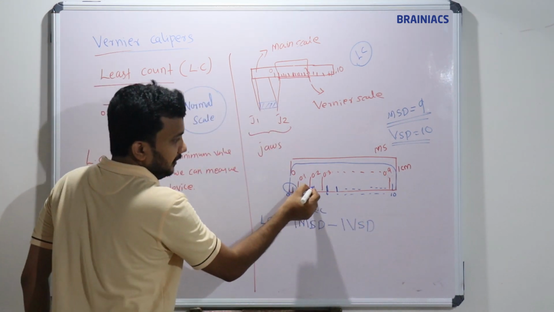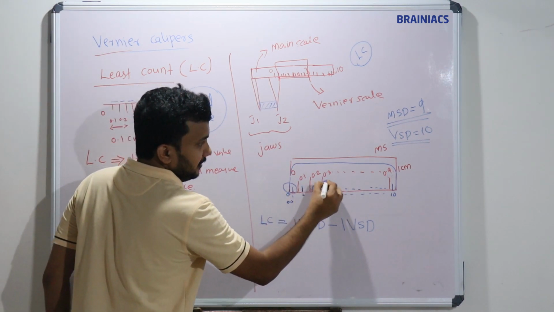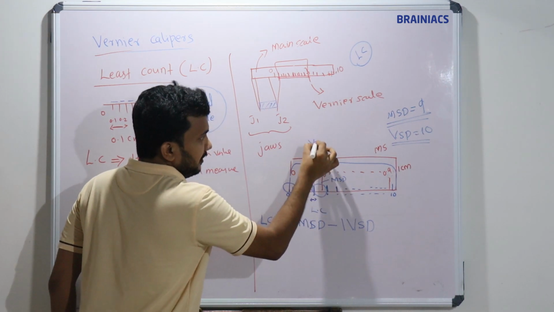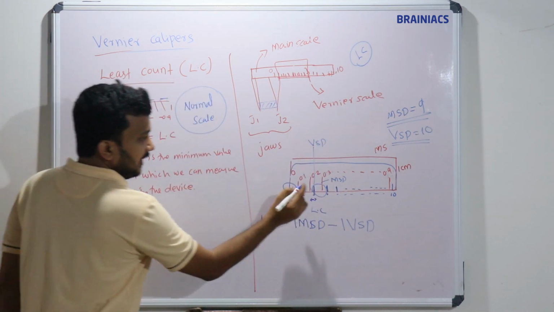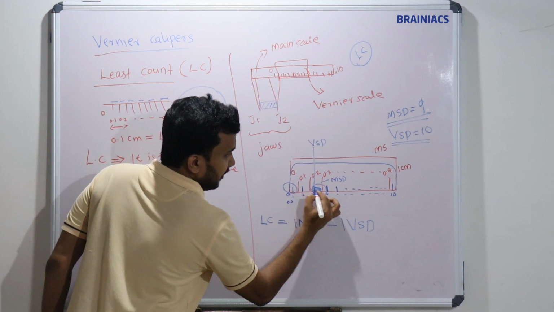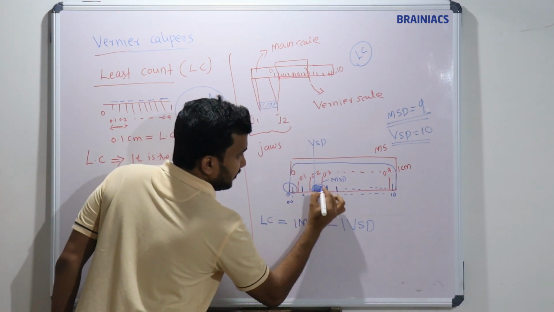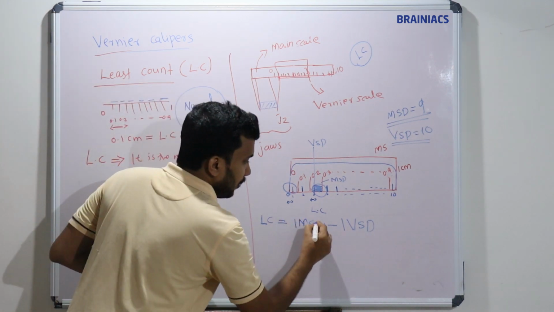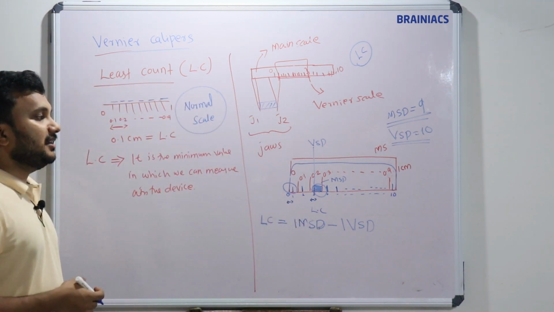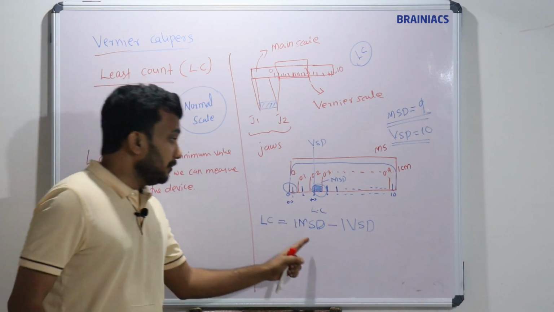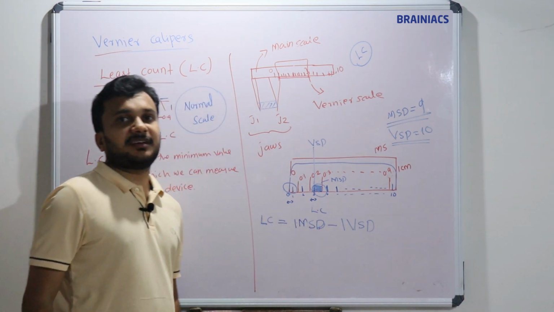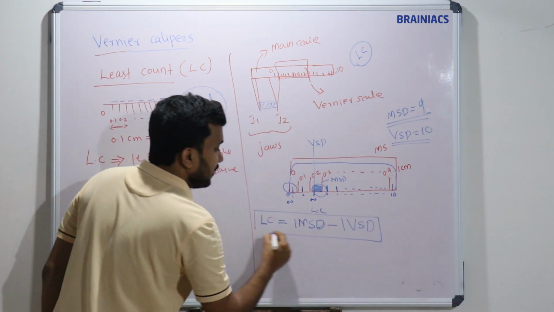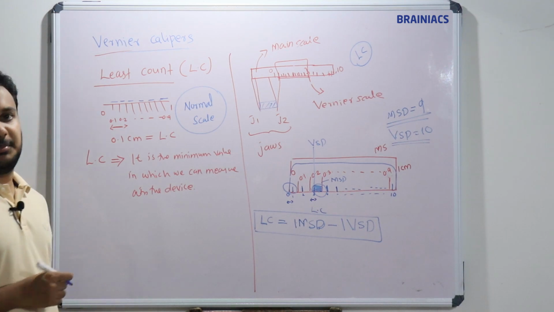Here this is the main scale division and this blue color is the vernier scale division, and this gap, whatever I am shading, is called the least count. So least count equals 1 main scale division minus 1 vernier scale division. This is called least count in the case of a vernier caliper.